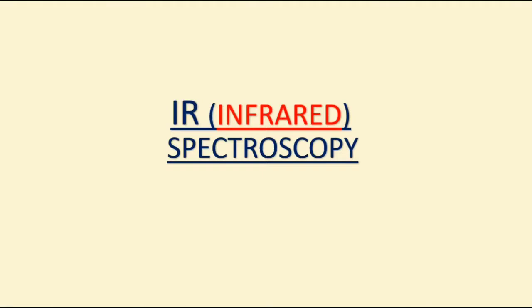We are going to discuss what IR spectroscopy is and what its principle is. To identify which functional group or groups are present in a molecule or chemical compound, we use the IR spectroscopy technique. To perform it, we use a specific range of the electromagnetic spectrum.